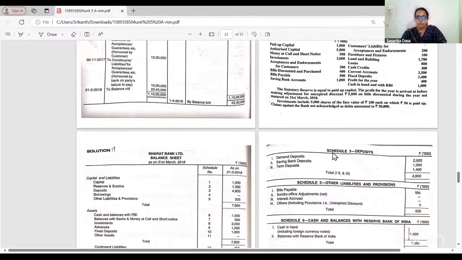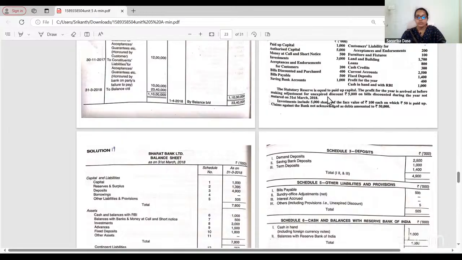Next is your deposits. We have demand deposits, savings bank deposits, term deposits. In the question you can see savings bank accounts, fixed deposits, current accounts. They come to 2,500, 1,000 and 1,400. Then provisions.